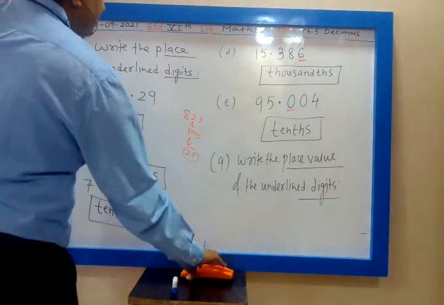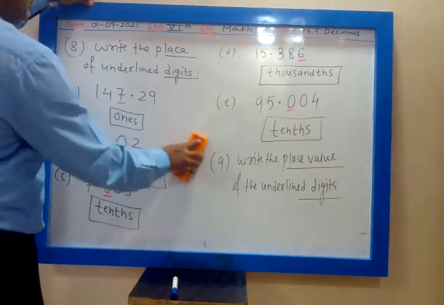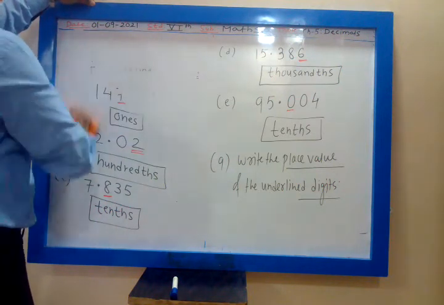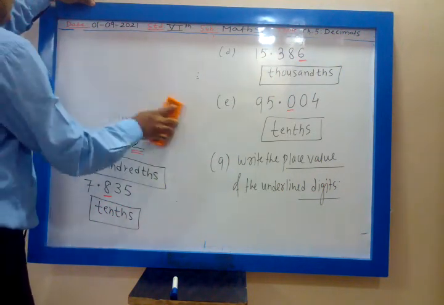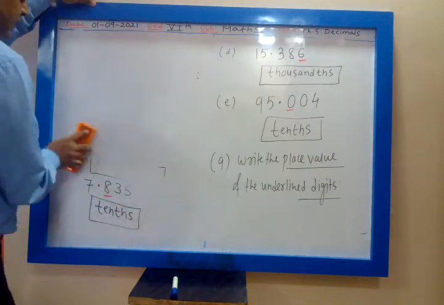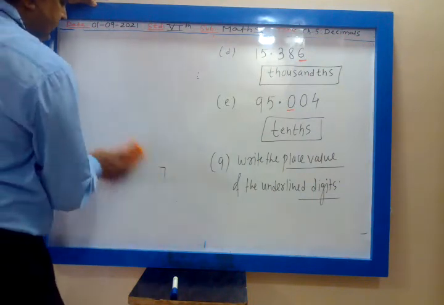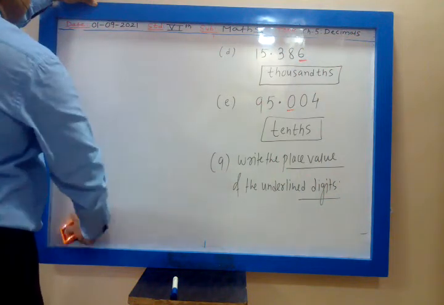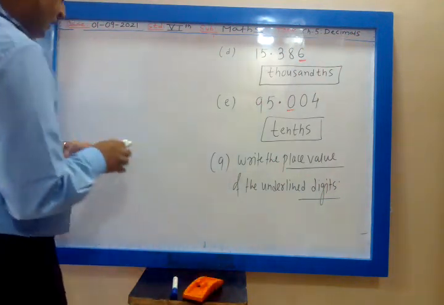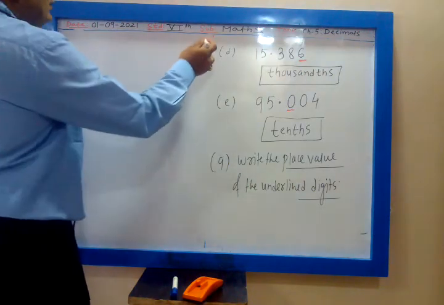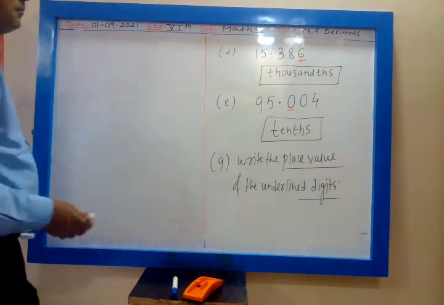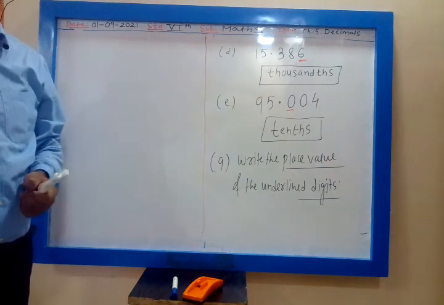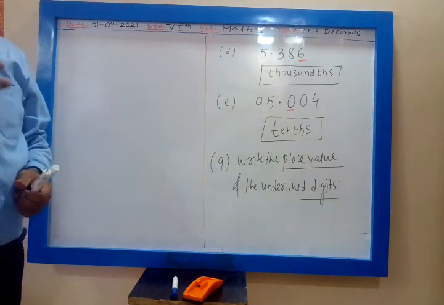Place means its position. For example, if you reside on the third floor of your building, and I ask you where you reside, you will say third floor. But in which room number, you will say 302. So place and place value.